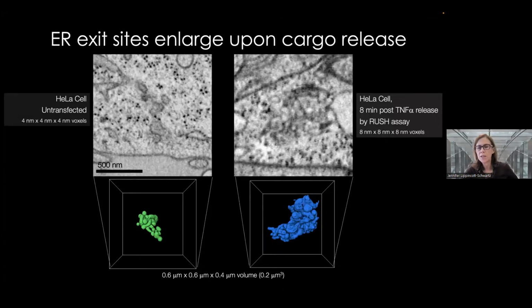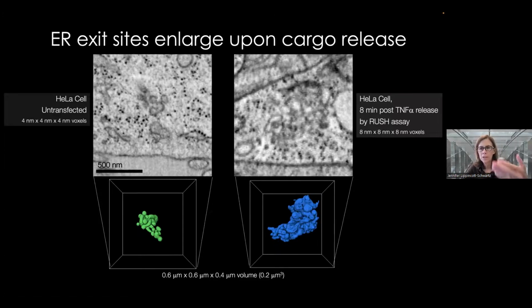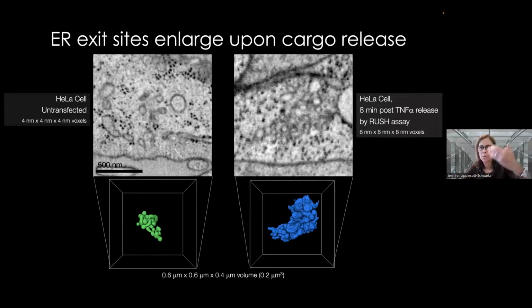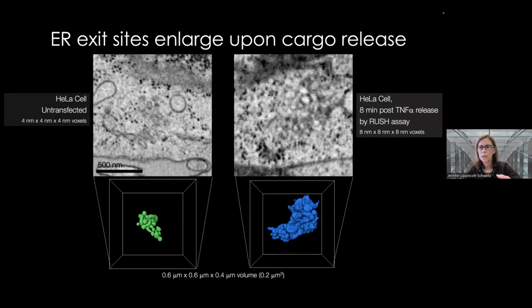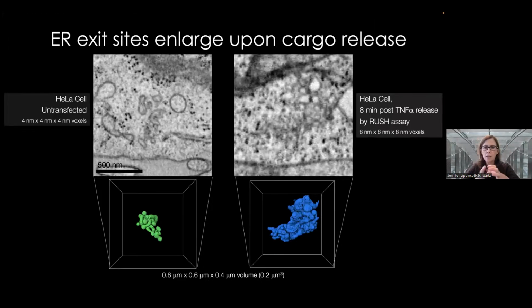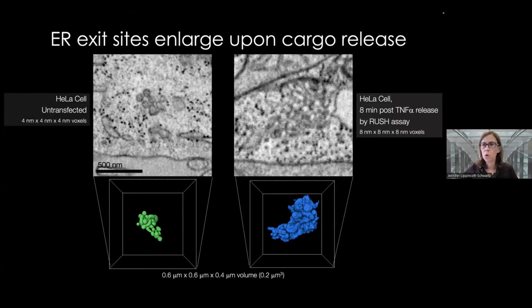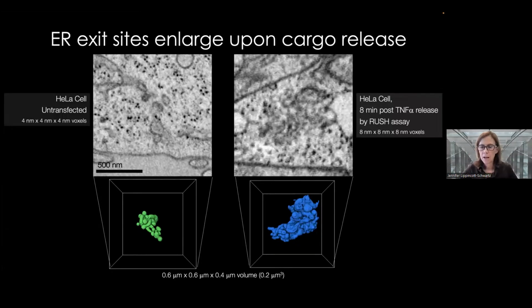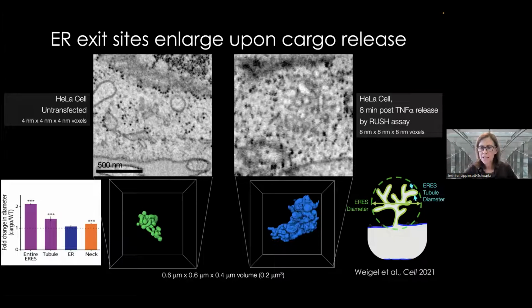Basically, what you can see is 8 minutes after releasing this newly synthesized pool of proteins, TNF-alpha, into the secretory pathway, the whole structure grows. It bulges out. What's interesting is this: we don't get an increase in the overall number of these exit sites.